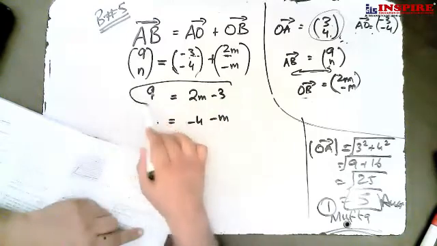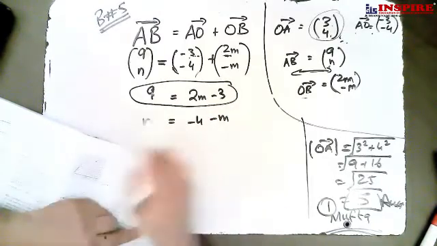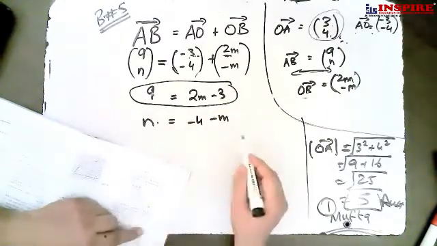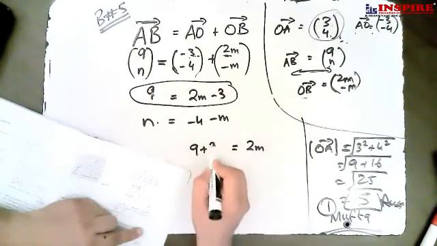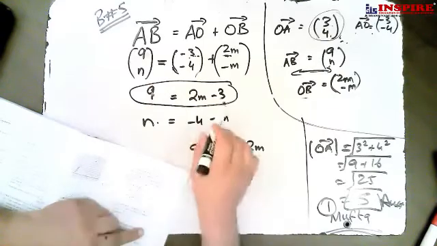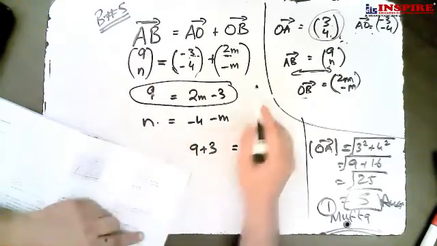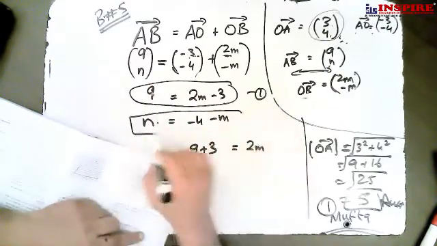So from the first equation, find m. Okay, 2m is equal to 9 plus 3, I send the 3 to the other side. Equation number 1, equation number 3.